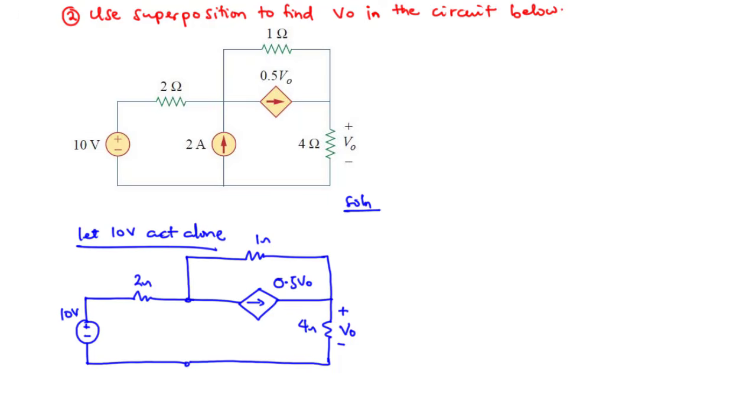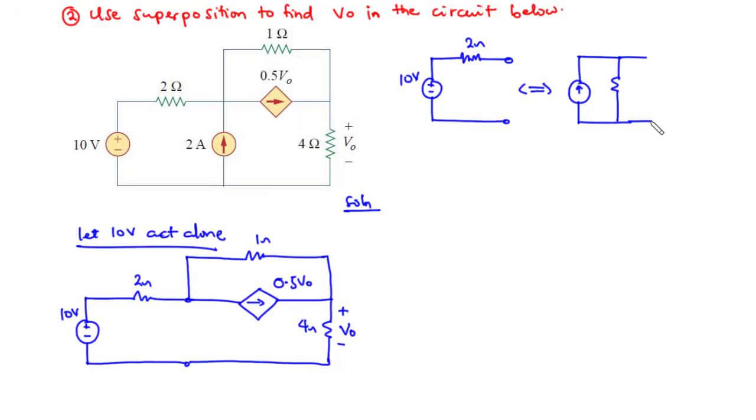Now what we are going to do here is to borrow the principle of source transformation. Now what does this principle say? It says that assuming you have a voltage source, let's say you have a 10 volt source which is in series with, let's say, a 2 ohms resistor, then you can transform this circuit such that you have a current source which is this time in parallel with the resistor.